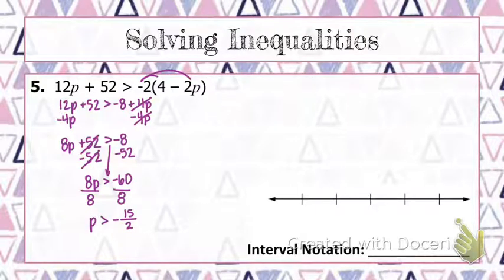Okay, so we have a fraction this time. Let's take a look at what that looks like. So we're going to put -15 over 2 in the middle.